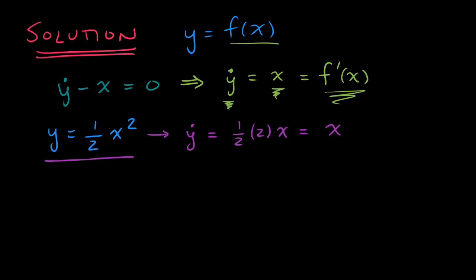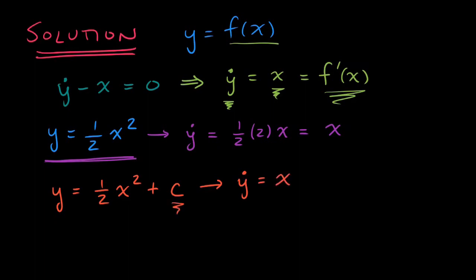So this is my solution. Now I can go a little bit further than that, because I could actually talk about a more general solution that might look something like y equals 1/2 x squared plus some constant c. Because if I take the derivative of that, I'm still going to be left with x. So I know that y dot equals x.